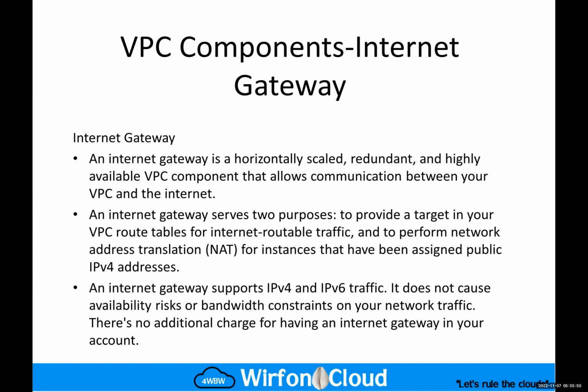So we also have what is called an internet gateway, as we just saw on the route table. An internet gateway is basically a type of resource within the VPC that provides a target for your VPC routes that are going to the internet, and it helps to perform network address translation as well for your instances that have been assigned public IP addresses.